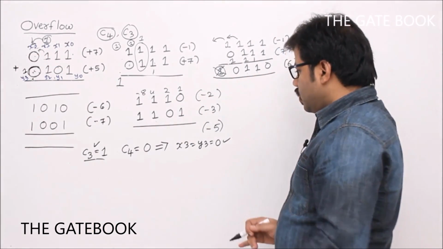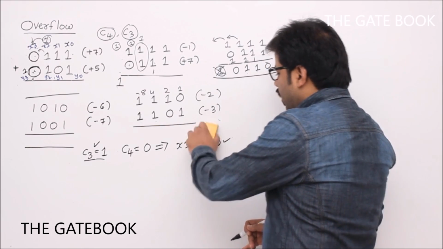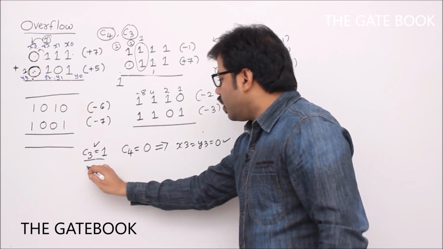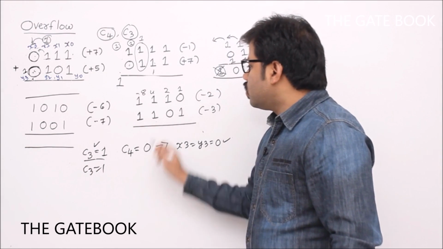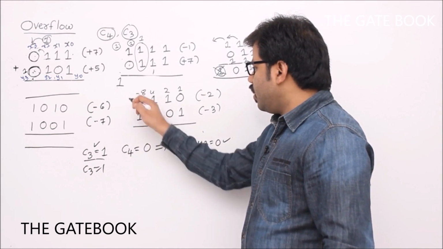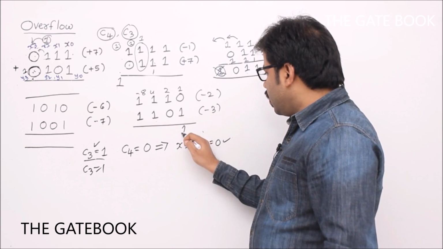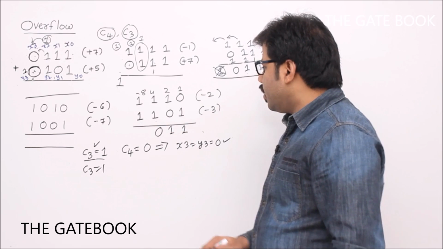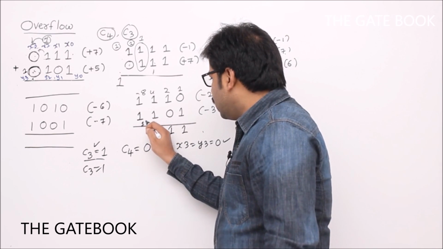Now the second case you see, and one more thing here. Here again C3 is 1, isn't it? So the C4 carry is coming from here. Let me do the calculation and tell me: 0 plus 1 is 1, 1 plus 0 is 1, 1 plus 1 is 0, right? Then the carry is coming here. This is C3.